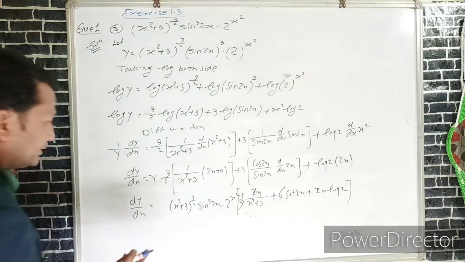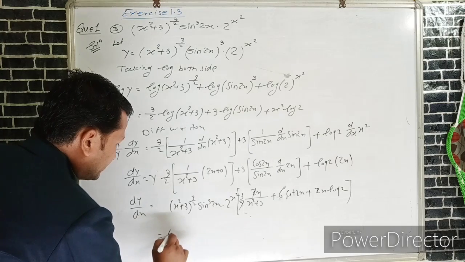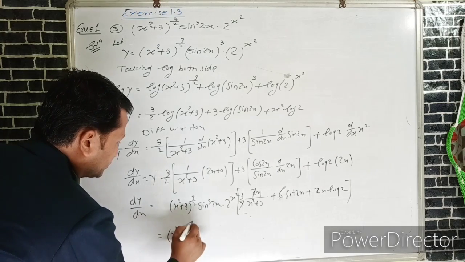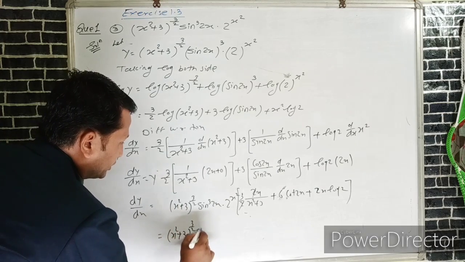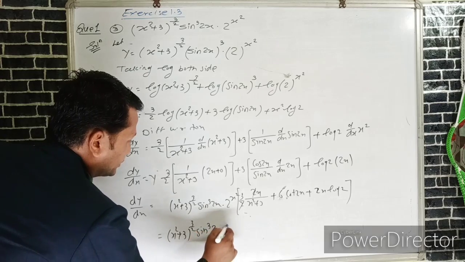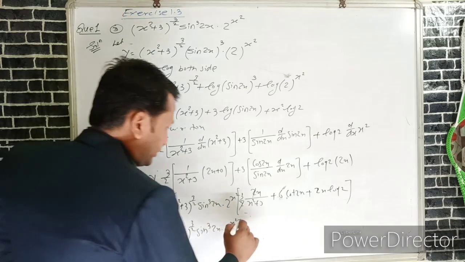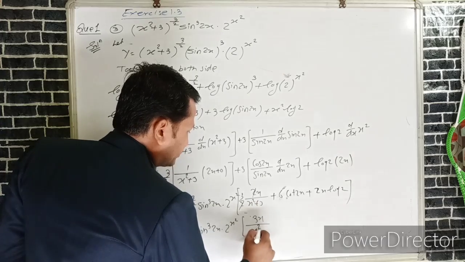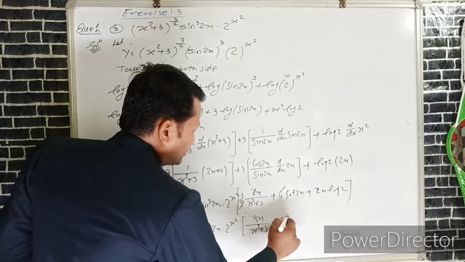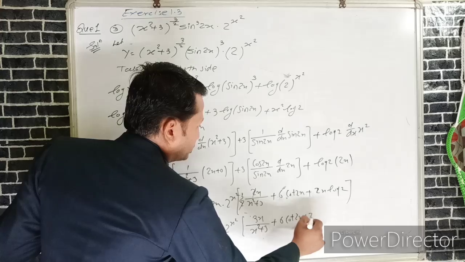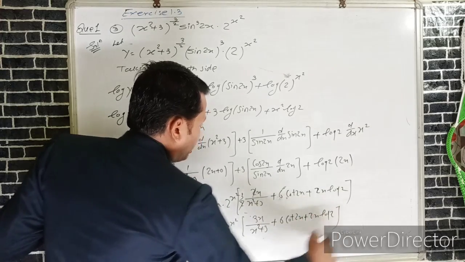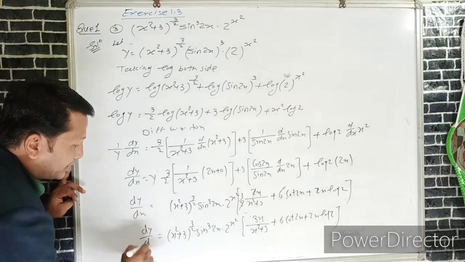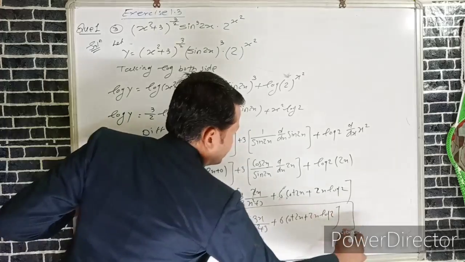We can write x square plus 3 whole raised to the power 3 by 2 into sine cube 2x into 2x square into 3 into x is 3x upon x square plus 3 plus 6 cot of 2x plus 2x log of 2, which is the required derivative of y, dy upon dx.